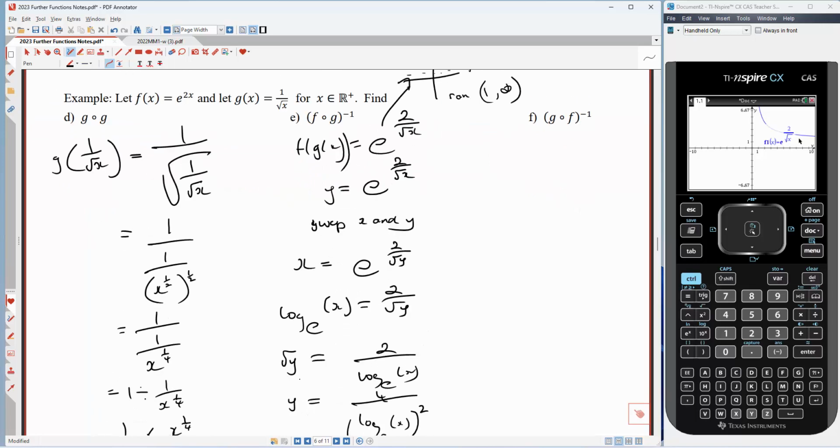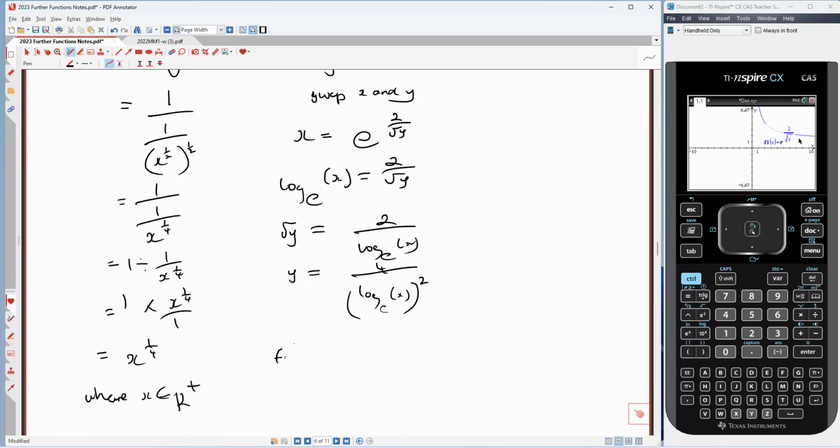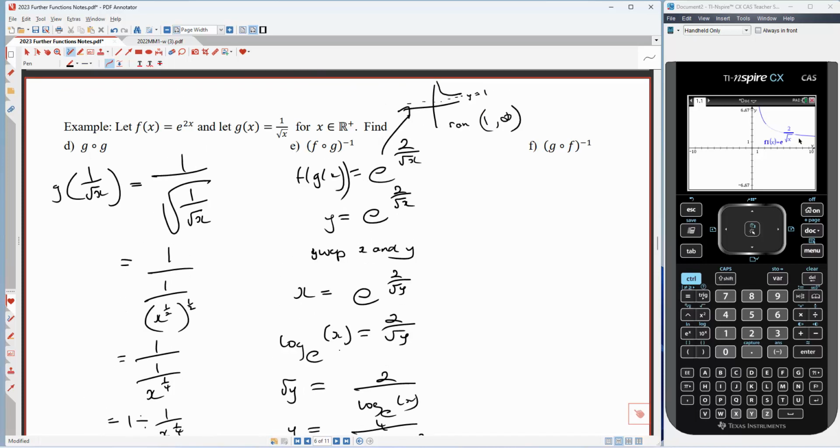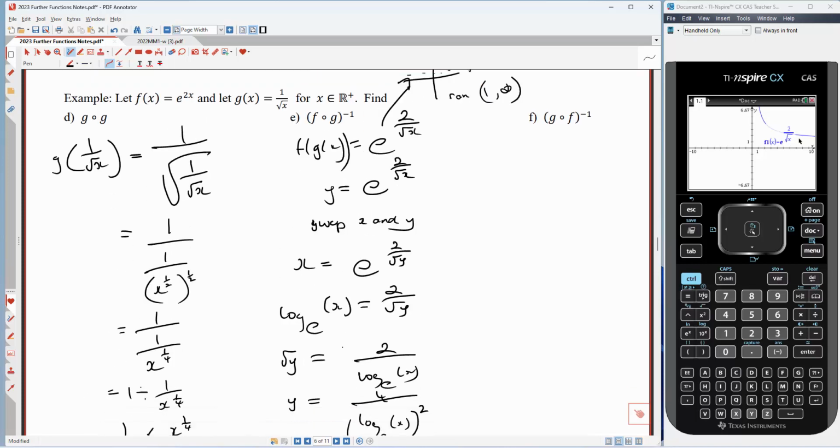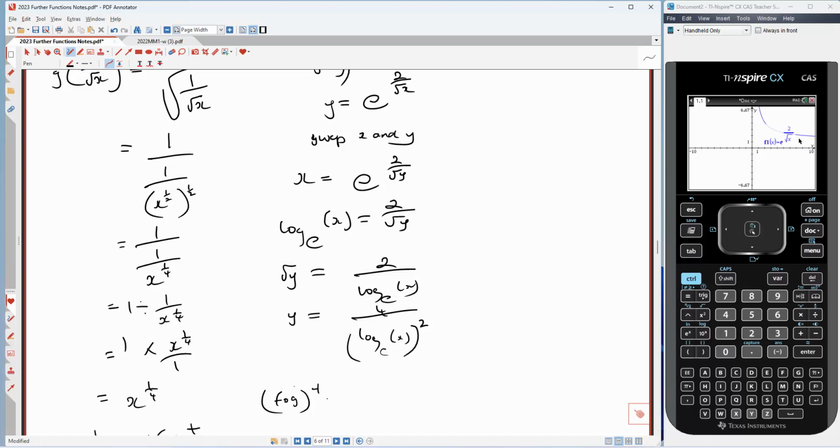So we're going to go f of g inverse, do I need an x on there? Not sure whether that notation is correct. The inverse of this. Nah, I'm not happy with that.